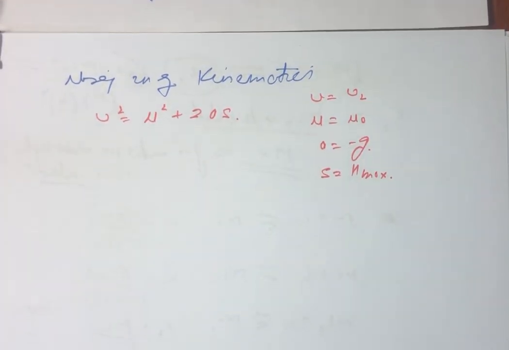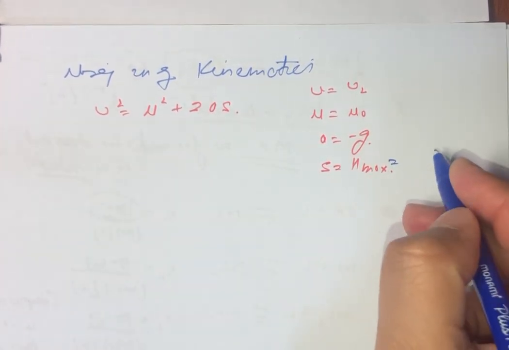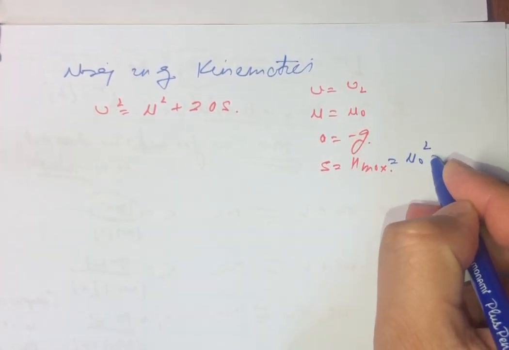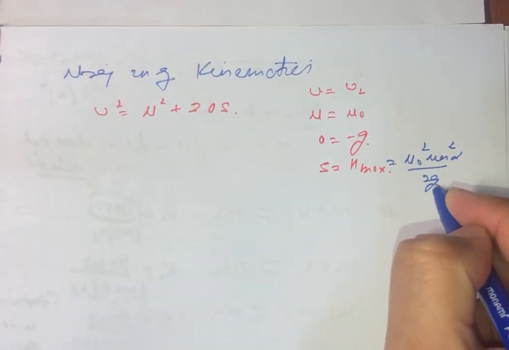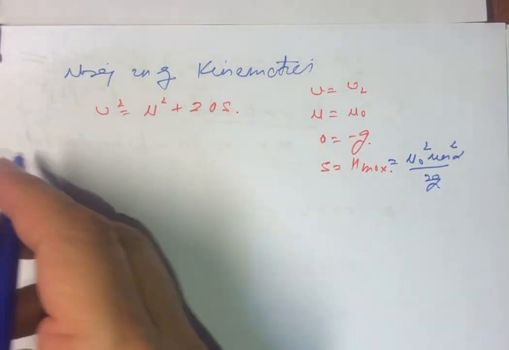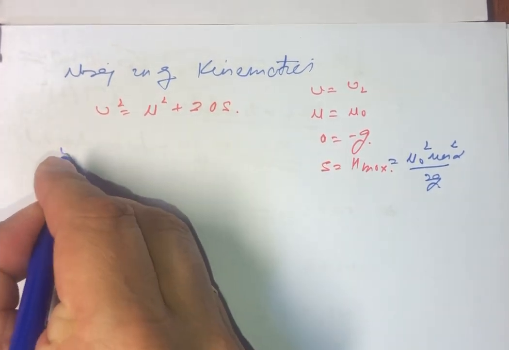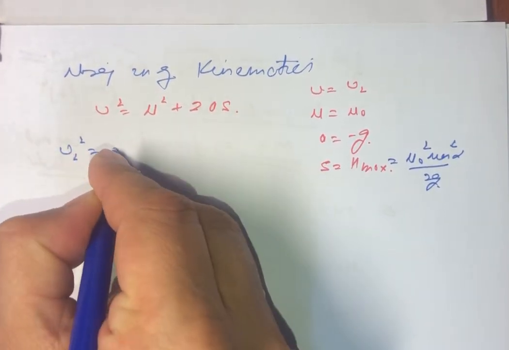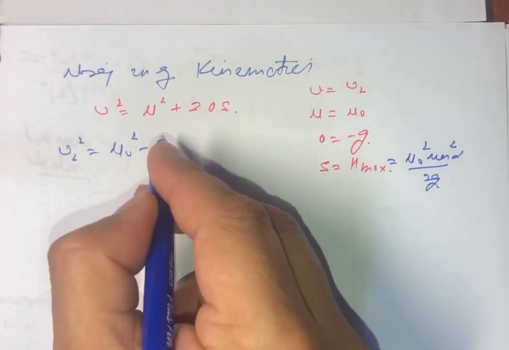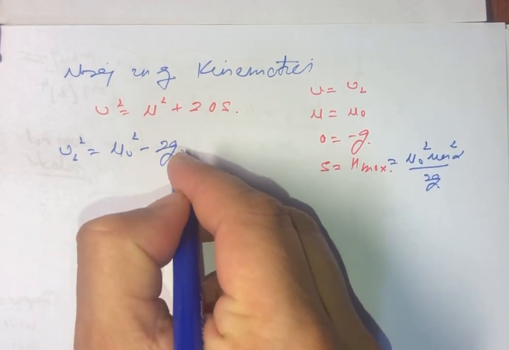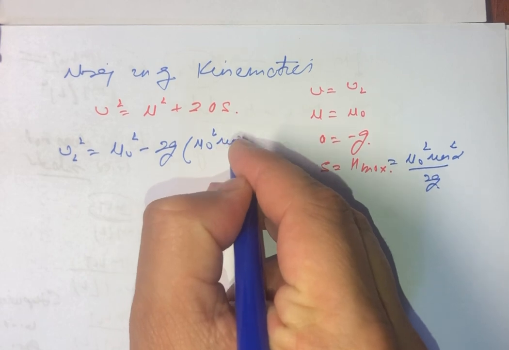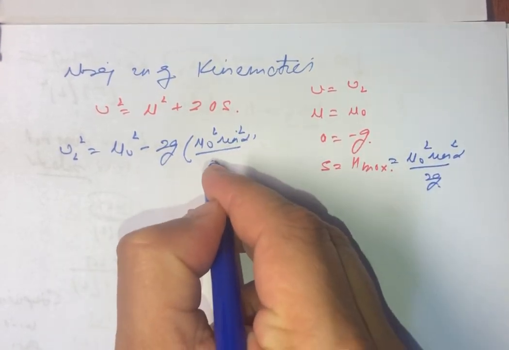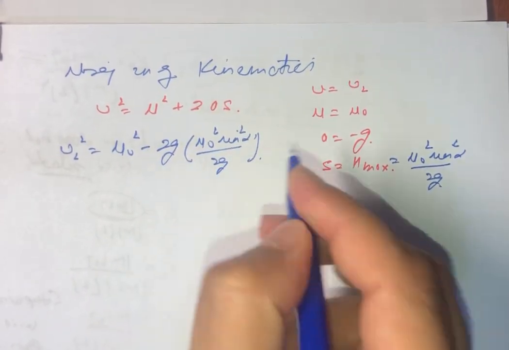We substitute the value for h max, which is u naught square sine square alpha divided by 2g. We get V2 square is equal to u naught square minus 2g times u naught square sine square alpha divided by 2g.